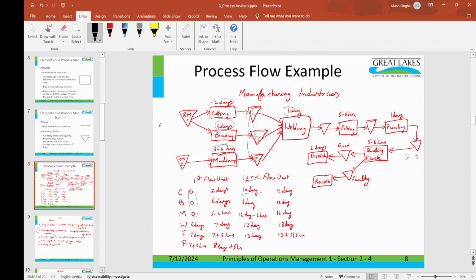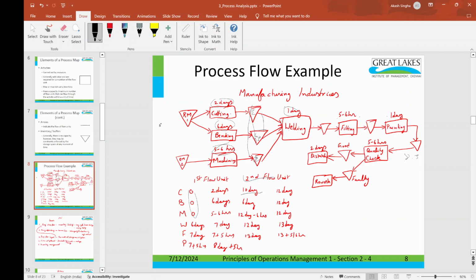So that on the 12th day, all three are present and no inventory is needed. After that, from the 12th day it will start here and end on the 13th day. Then on the 13th day it will start here and end at 13.5, and then from 13.5 it will end at 14.5. I don't know if there will be exams on this, but calculating when to start according to the bottleneck can come.